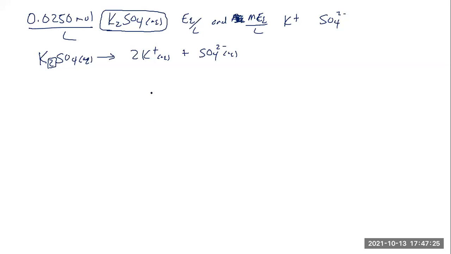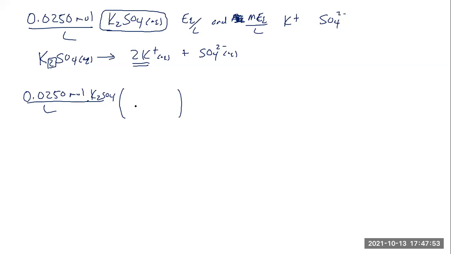We can use that to help us convert from moles of the whole thing to moles of each of the individual ions. So for example, we'll start with potassium here, and we could say that there's 0.0250 moles per liter of the whole thing.